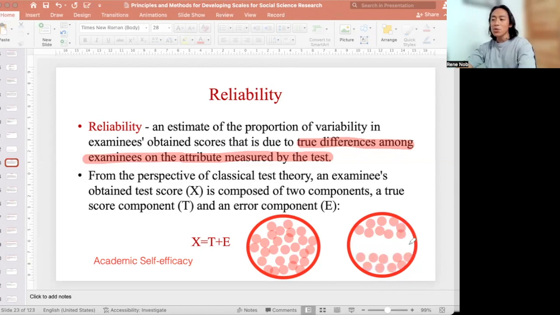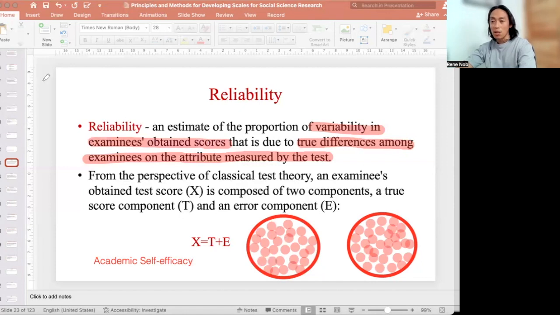And the rest would score average on that particular scale. So there will be variability, but this time it's variability not in the true difference, but variability in the examinees' obtained scores.